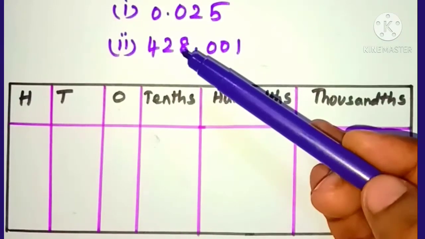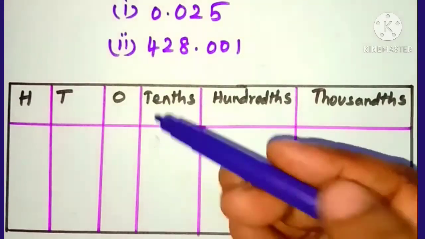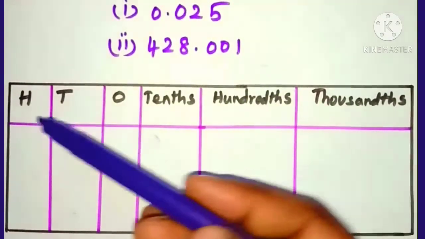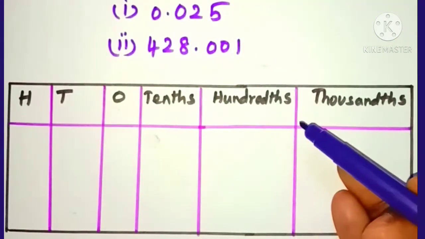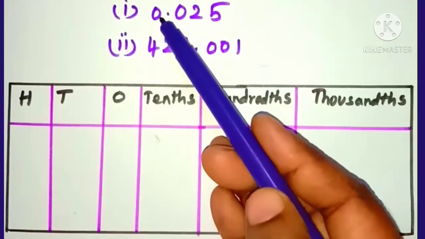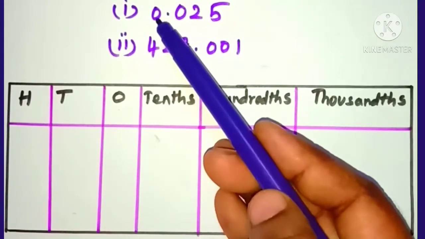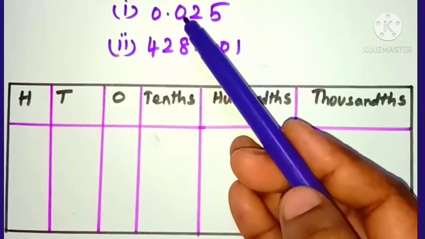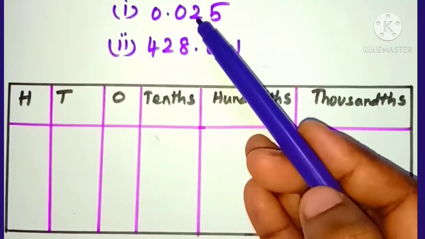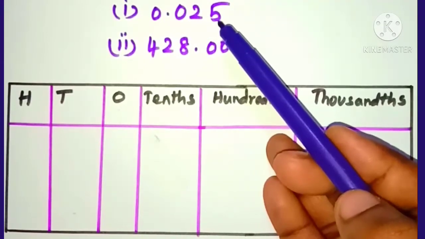Now students, write the following decimal numbers in the place value table. So here, according to the given decimal numbers, write down the decimal place values in the place value table. And here, the first one is 0.025. So 0 is in the ones place, and 0 is in the 10th place, and 2 is in the 100th place, and in the 1000th place there is a digit which is 5.